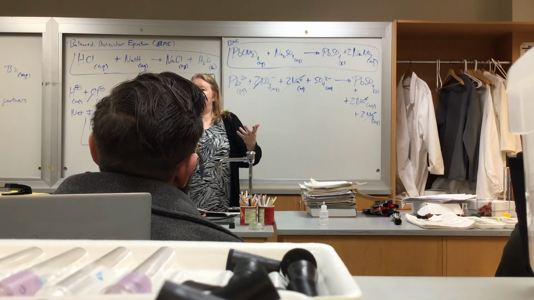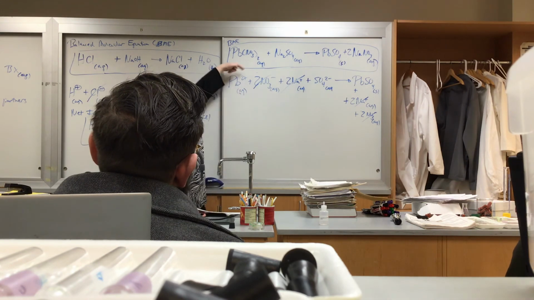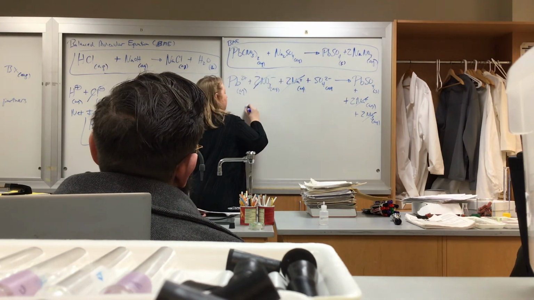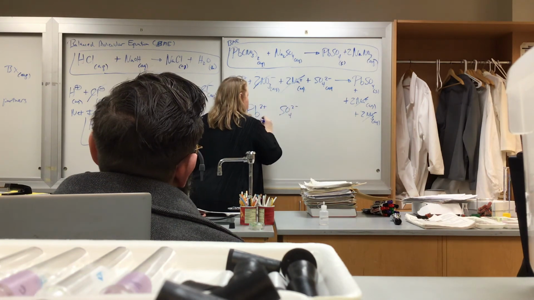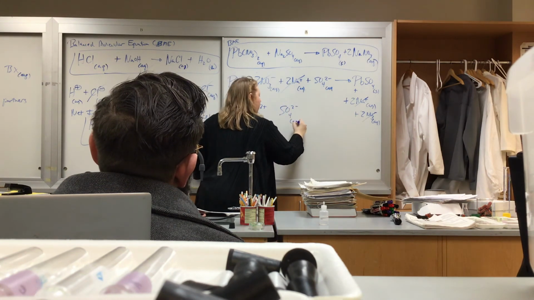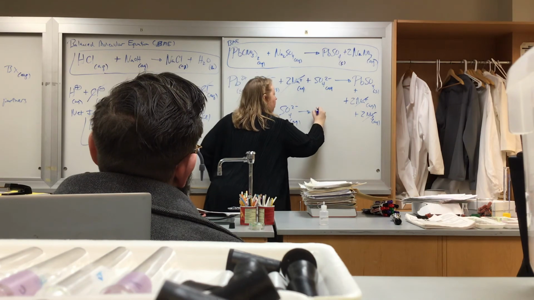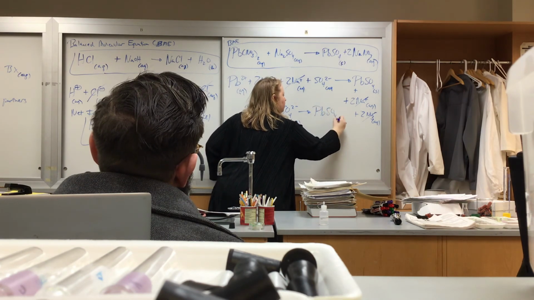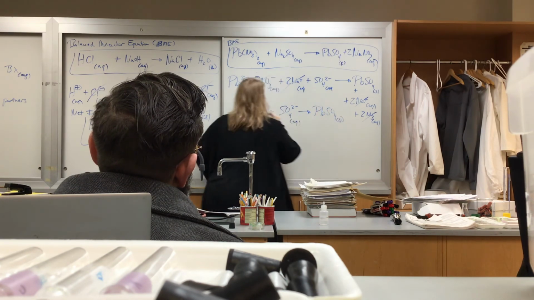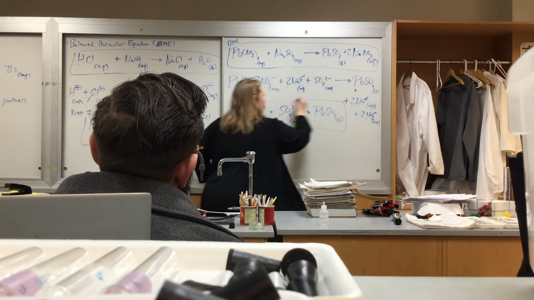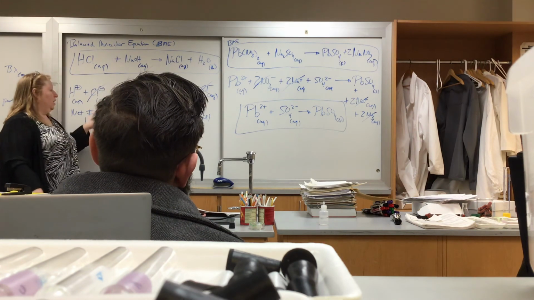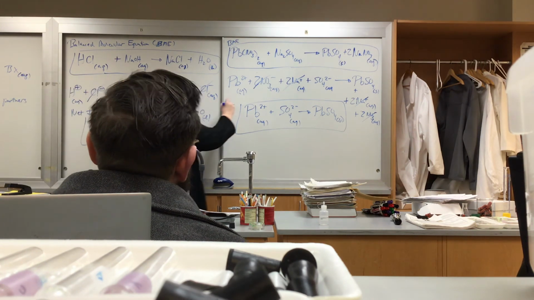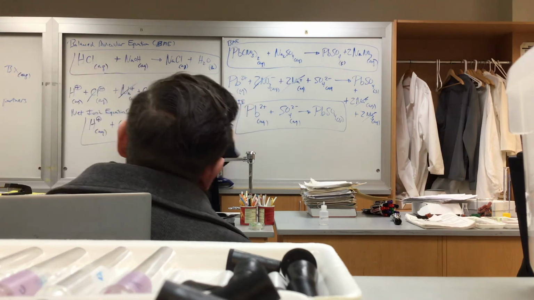That's why they're called spectators, because the real stuff that's going on is the lead plus 2 is reacting with the sulfate minus 2 to form our lead 2 sulfate solid. What do I call that again? I call that the net ionic equation. So this is my NIE.